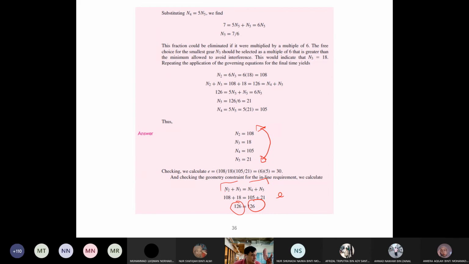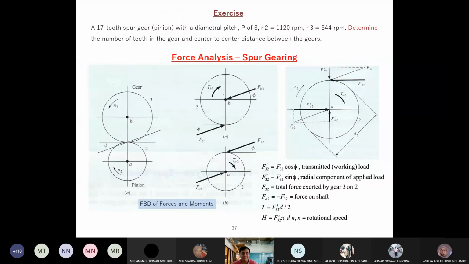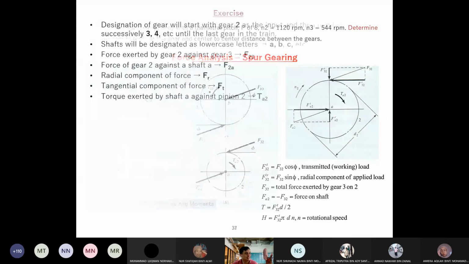Can you understand? Alright, I won't do it because what time is it now? 12. Okay. So you have to study a bit at home tomorrow. Alright. Okay, this is the most interesting part. Very technical, but I won't go into it today. Is that okay? Or do you want to go in anyway? Because I'm planning to stop now, because I don't want to make your head, okay, damaged or whatever.